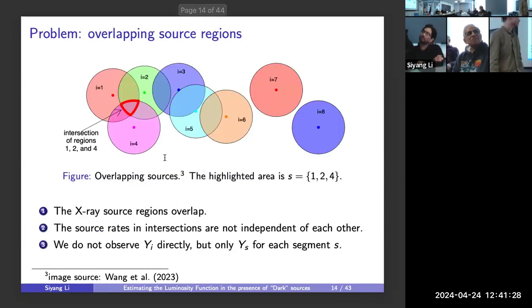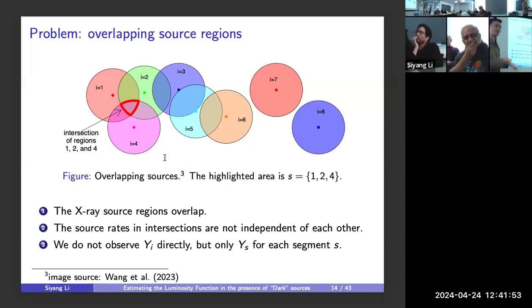And the next astrophysical problem is that there can be lots of overlaps between the source regions. So not only is there background contamination, the sample of observations contaminate each other, because, for example, here we can only observe the number of X-ray photons in each segment of these overlapped regions. And these observed numbers of photons in each segment are not independent of each other.